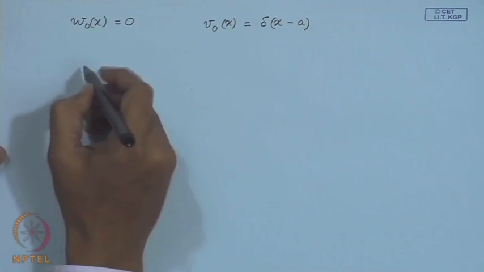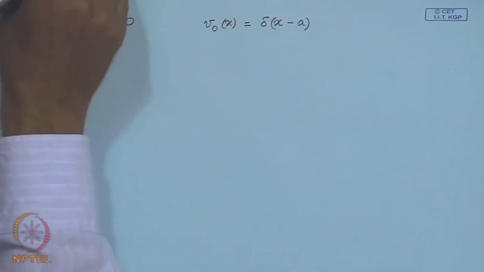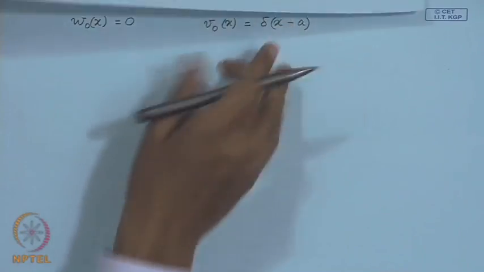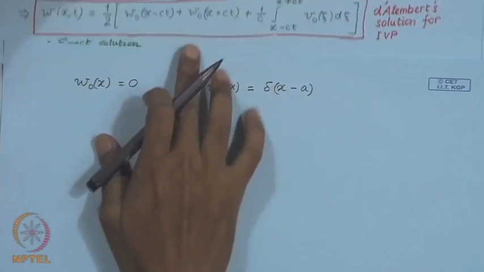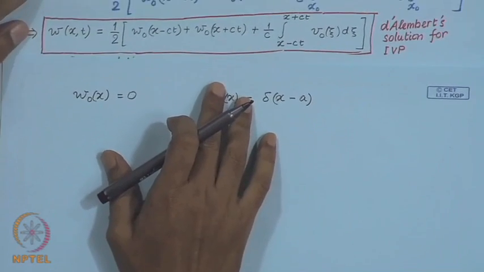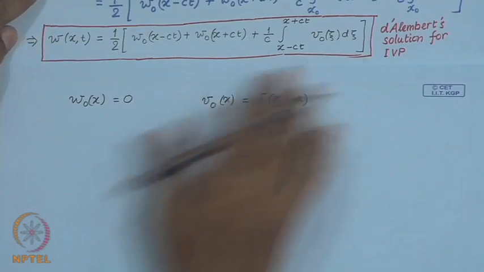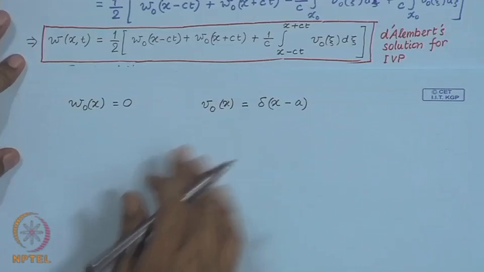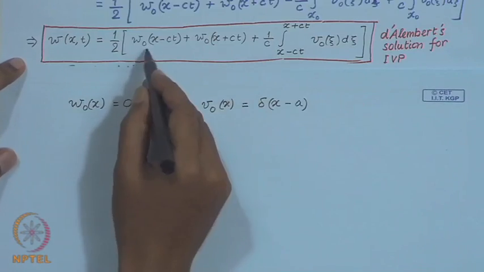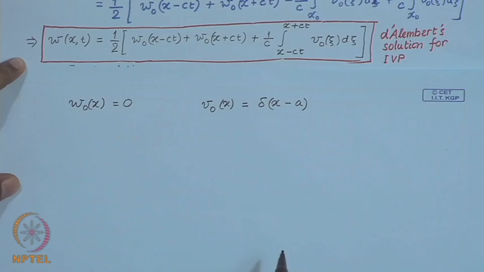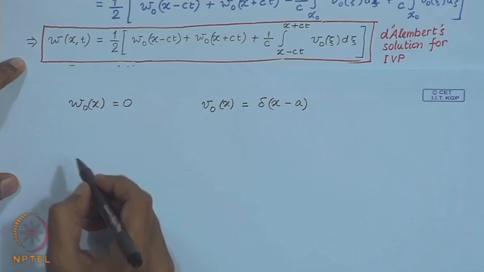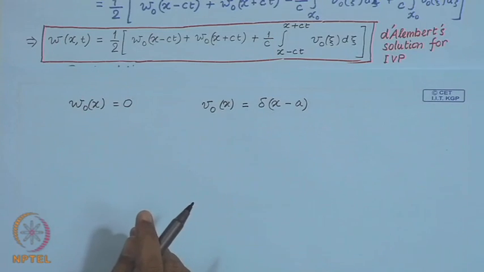In that case, if you look at the solution, let us look at the solution once again. So, these are 0, this is the Dirac delta function. Let me write down.